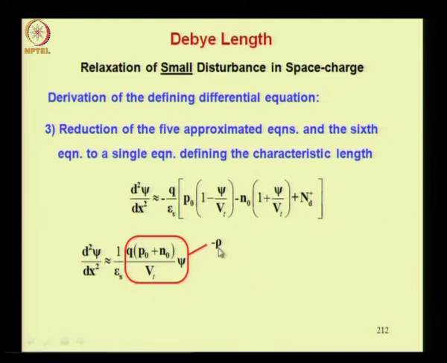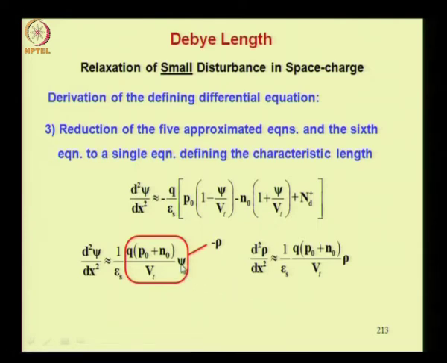Now since according to this rho and psi are linearly related, I could easily replace the psi on the left hand side also by rho, and the result will be this equation in rho.